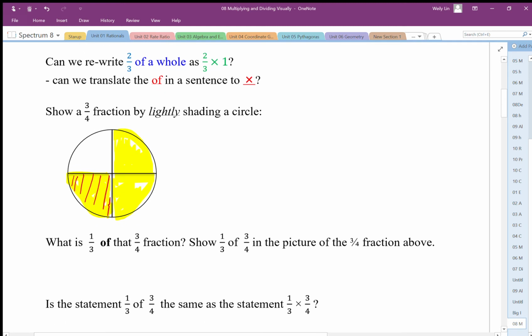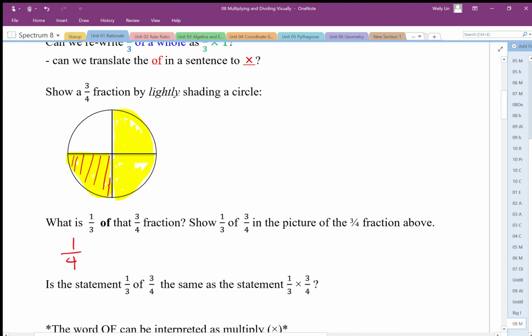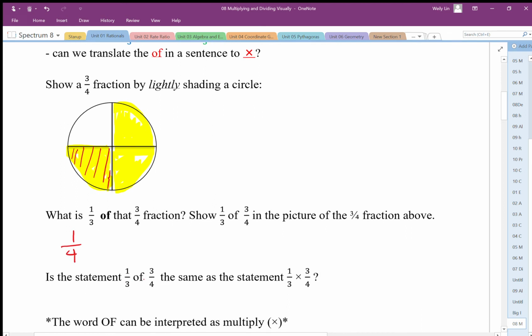So 1/3 of 3/4 is going to be 1 out of 4. The picture again doesn't lie. Since it's 1/3 of 3/4, we can translate "of" as times. We can say that 1/3 times 3/4 is going to be equal to 1/4.